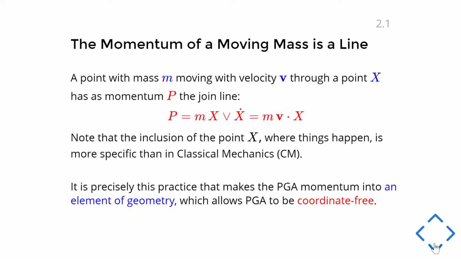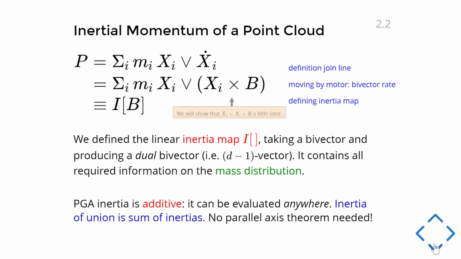So it will be an element of geometry and it makes it coordinate free. Now if we have several points, then we know that the total momentum should be composed of the momenta of each of these individual things. We will see in a few slides that in PGA, if you have something that moves by a motor, then its time derivative is a commutator product with the bivector of that motor.